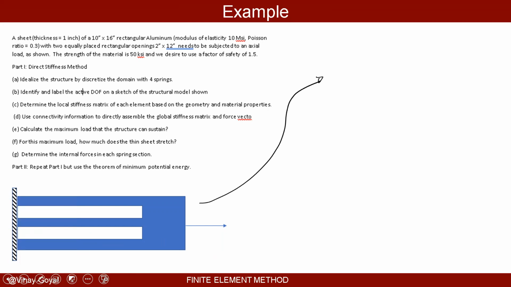So if we start from the clamp end of the structure, we can draw the first spring on the top, all the way from the left to the right of the cutout, right?